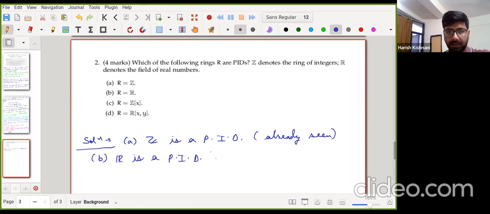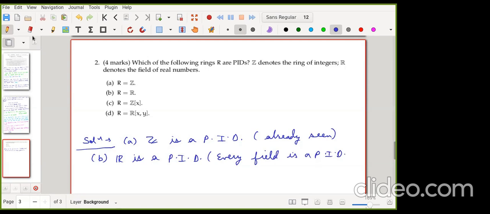since every field is a PID. Yes. What about the third one? The third one is a counterexample, that Z[x] is a UFD, but it is not a PID.